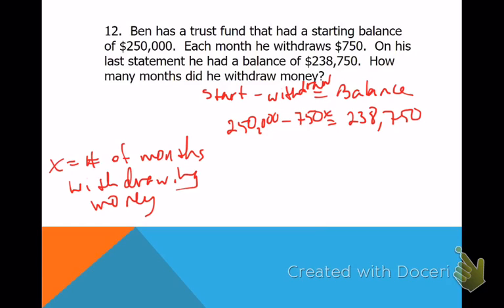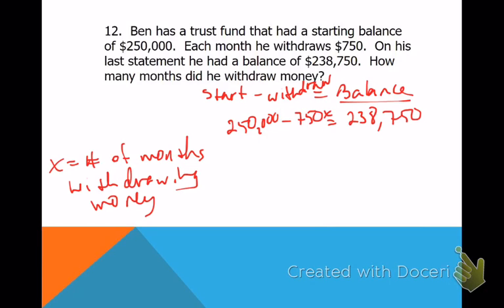Okay, did you come up with this? So we don't know how many months he withdrew money. So, let that be X. Now, here's the situation. At the end of all the withdrawals that Ben has made, his balance from his trust fund is going to be $238,750.